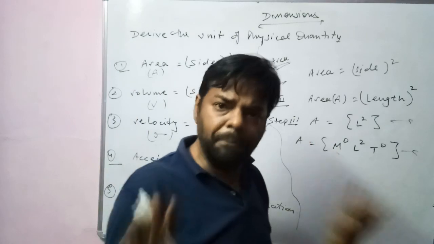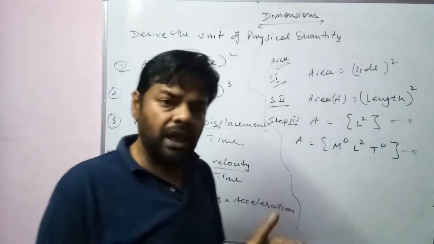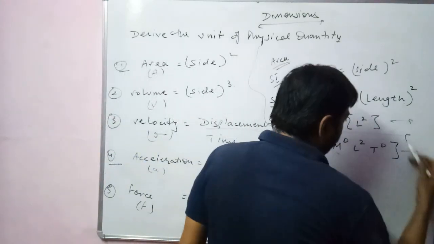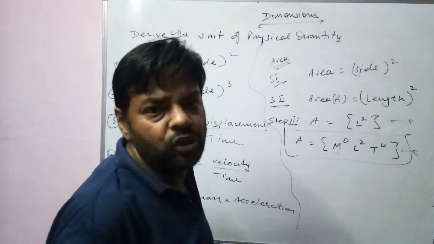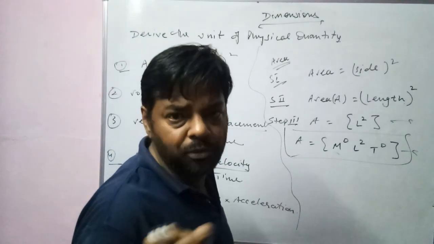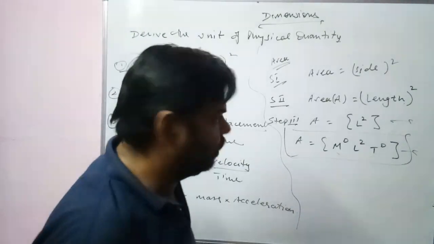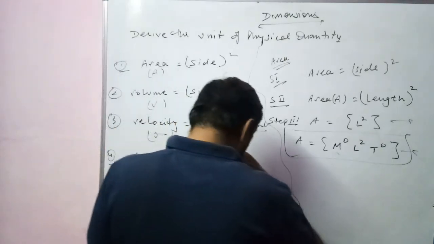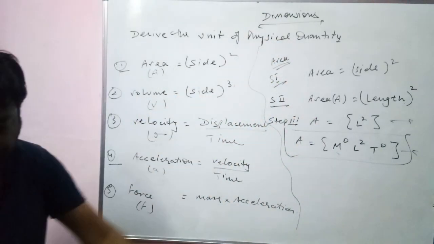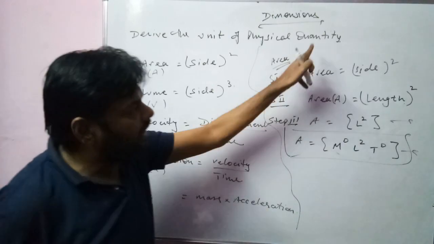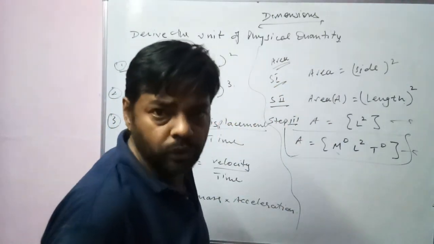Now it is, students, up to you. I must say that according to me, each and every dimensional formula should be completely defined in terms of M, L and T. Okay? Got it? That 3-step algorithm is clear to you.